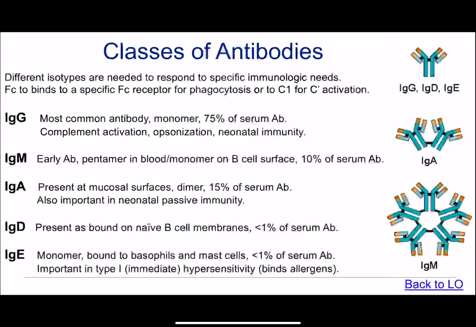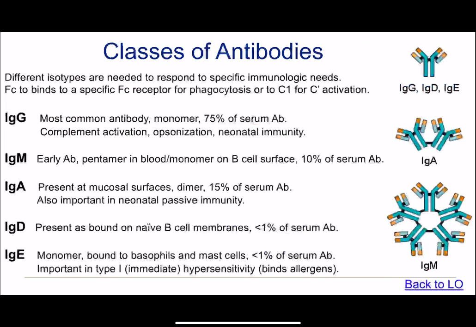Yeah, they're about 15% of the antibodies in the blood. IgA, even though it's a dimer, or a monomer, can also pass through the placenta or through the breast milk, and so it can be helpful also for neonatal immunity.